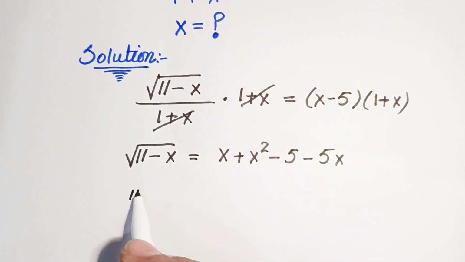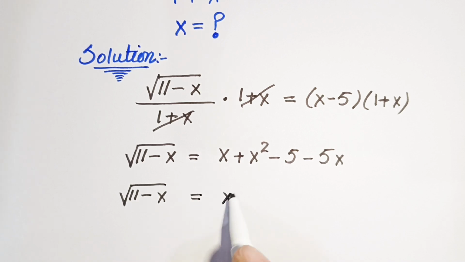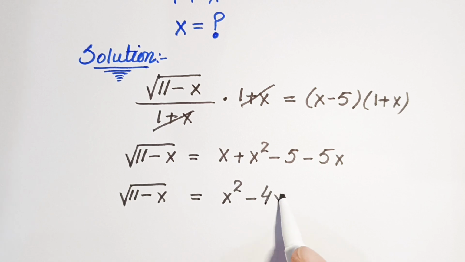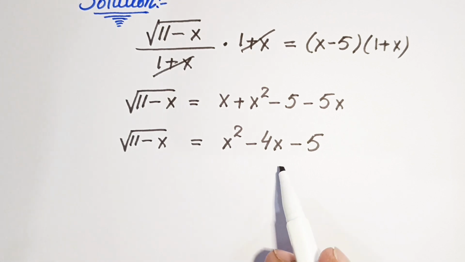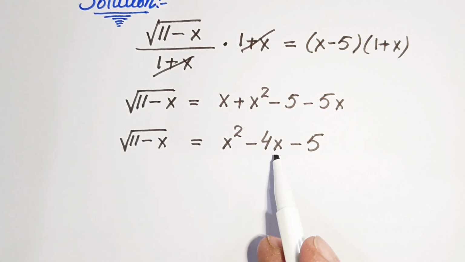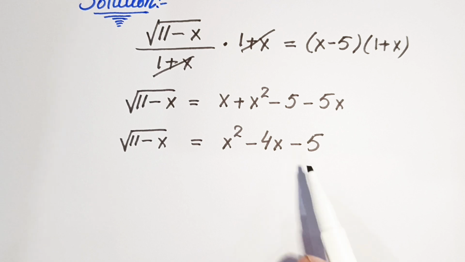Now (11 minus x) whole square root is equal to x squared plus x minus 5x, we will get minus 4x minus 5.